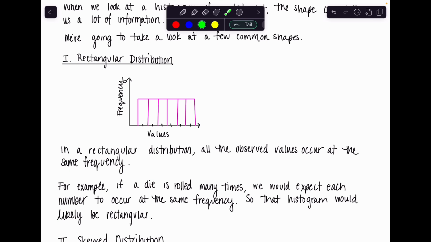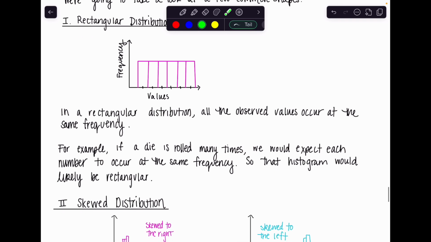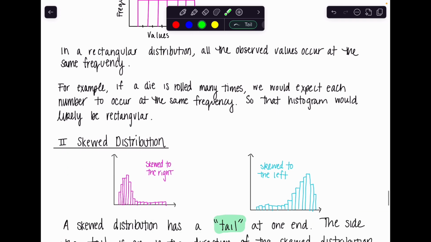It's unlikely, but it could happen, okay? So it might just be a little bit skewed depending on how many data values there are. But something that happens with an even chance and a high number of trials should have this distribution. The second type is a skewed distribution.